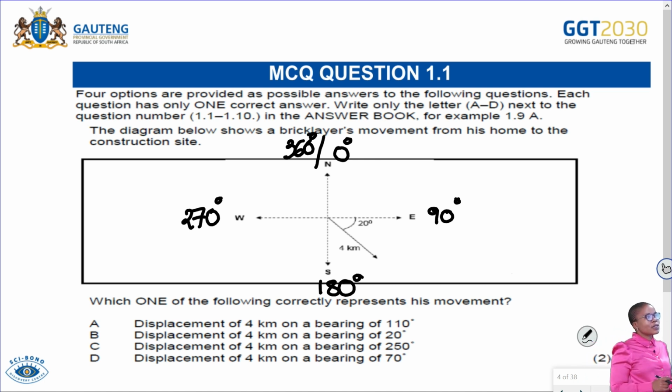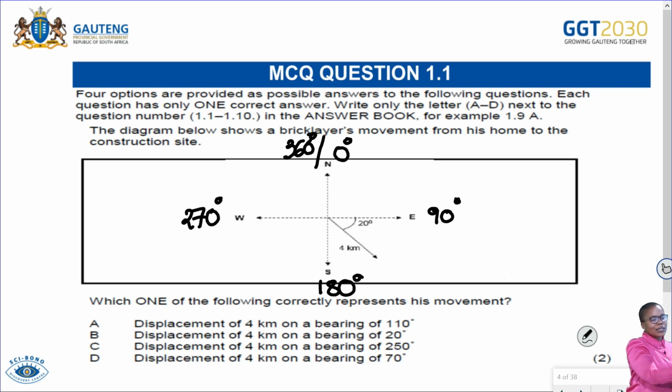Okay, so obviously by the look of things, your quadrant number 1, your quadrant number 3 and 4 are out. Now we need to know which one falls onto this that is provided. It could be a degree from 90 up until 180. So which one do we have here?